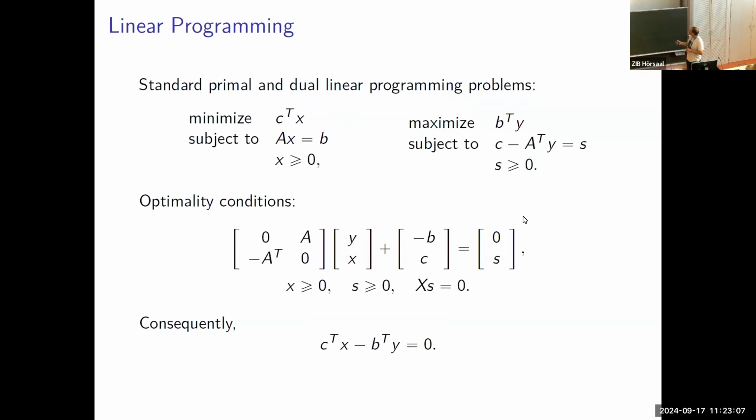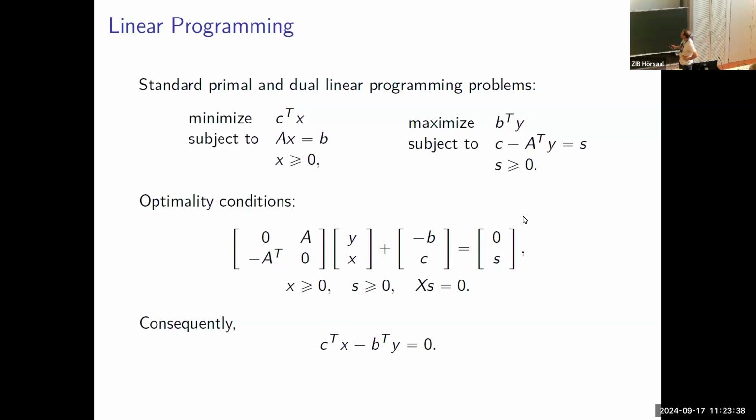But something that's already nice from this formulation is that suppose we have a solution to this system. So we solve this linear system, x and s are non-negative, and we have strict complementarity between x and s. Then we see immediately, by multiplying with this vector from the left, that this term disappears because this matrix is skew symmetric.